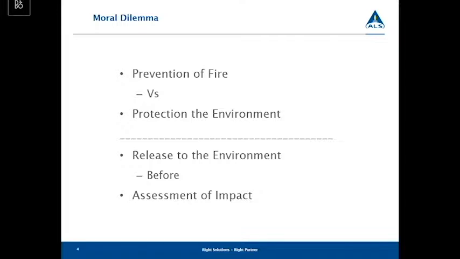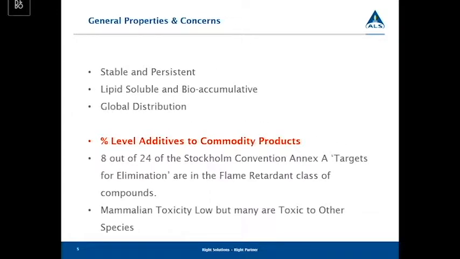Now, most of these chemicals, fortunately, are not particularly toxic to humans, not zero toxicity. There's certainly endocrine disruptor issues associated with some of them. But the really terrible impact on some of those is the impact to the environment.